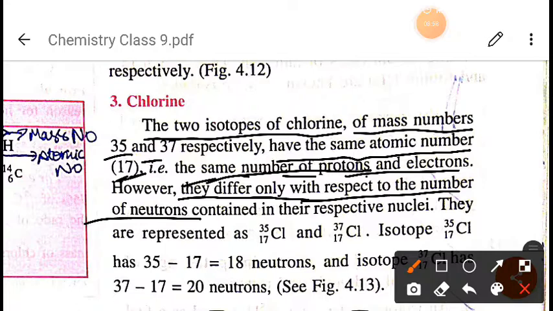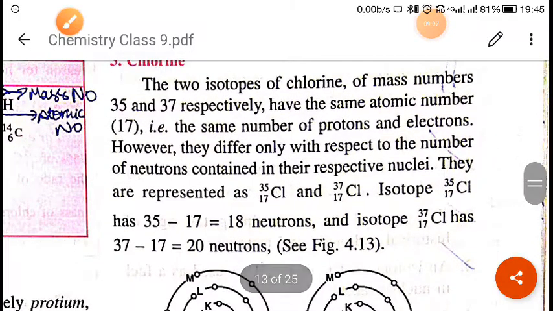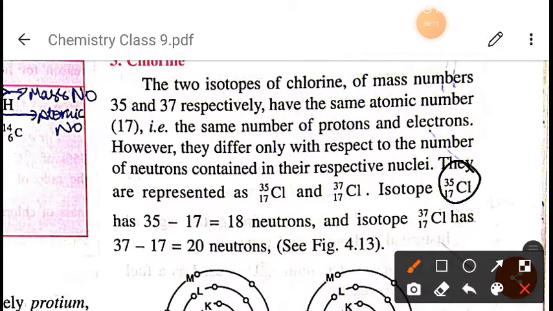As you can see, chlorine 17-35 and chlorine 17-37. So when we talk about the isotope 17-35, 35 is the mass number and 17 is the atomic number. So we will get the number of neutrons.